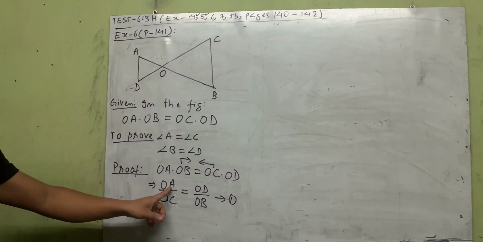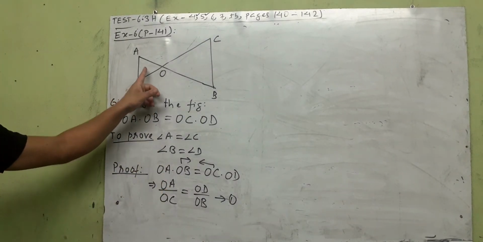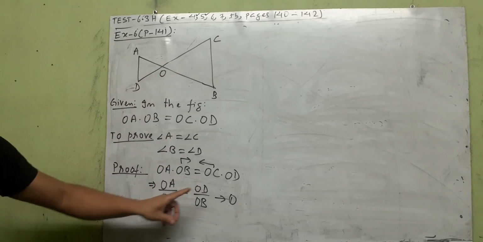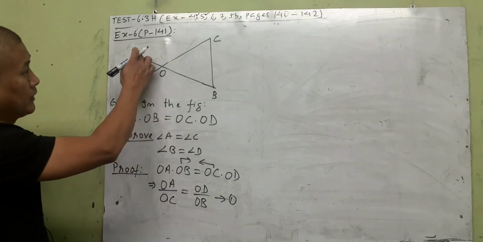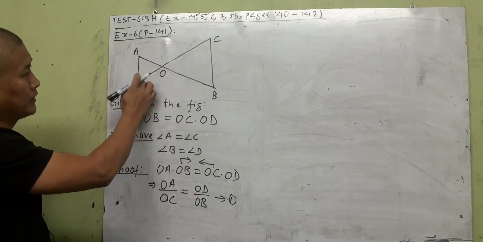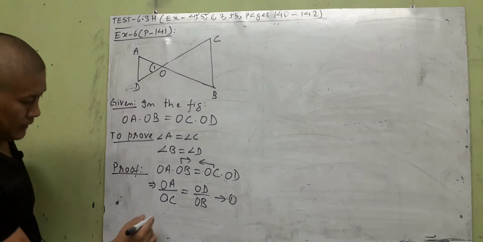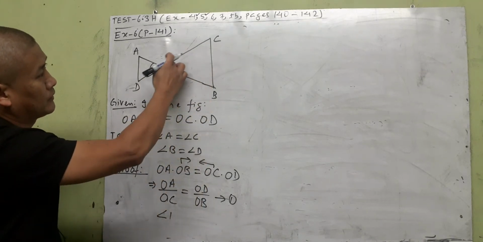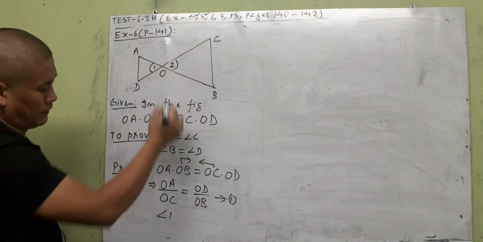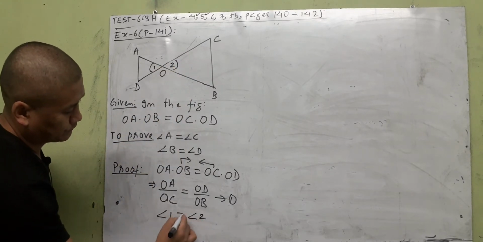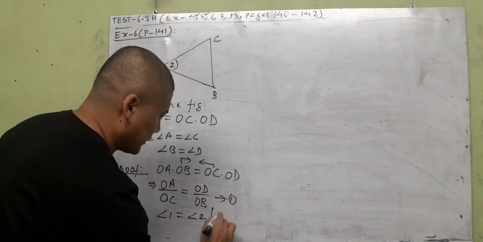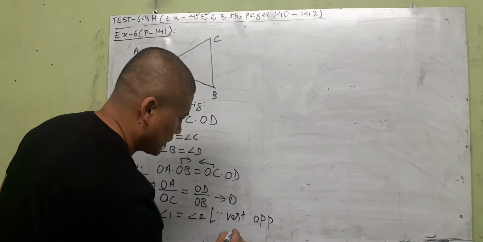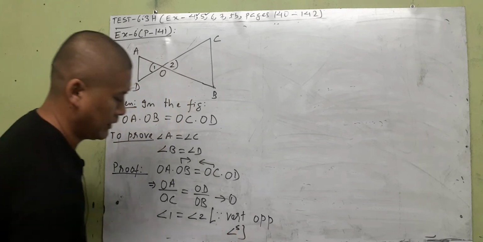Okay. Then let's do this. This is the side of this one, small one. Down is the side of the big one. So let's take the numerator. OA, OD. So between OA and OD, what is the angle? Yes, angle 1. Between OC and OB of this triangle, OC and OB is, these two are equal or not? Let us check. And we know they are equal because they are vertically opposite angles, right?